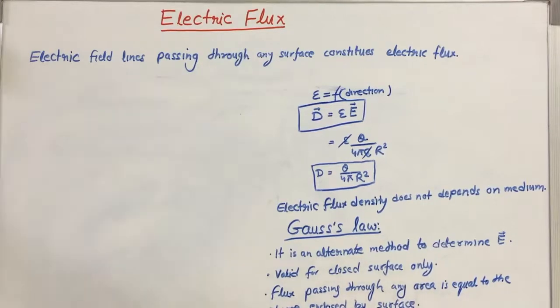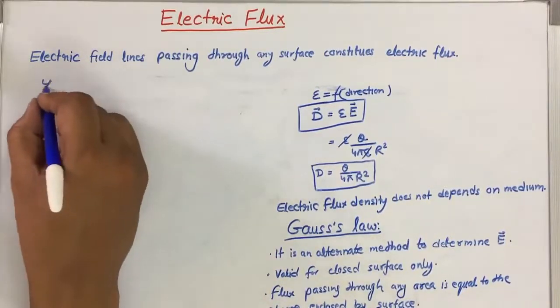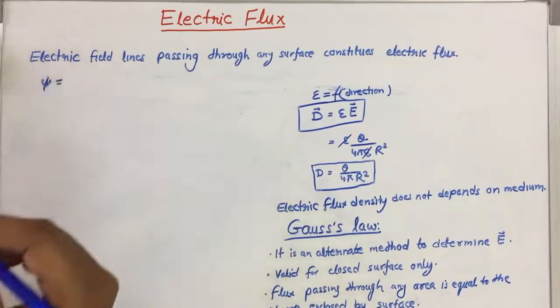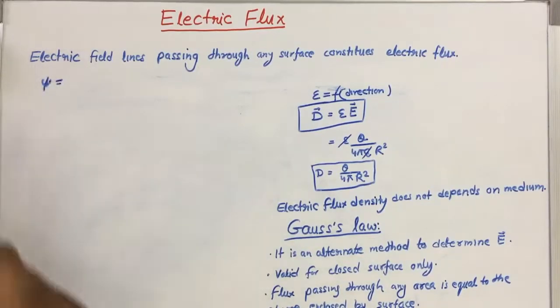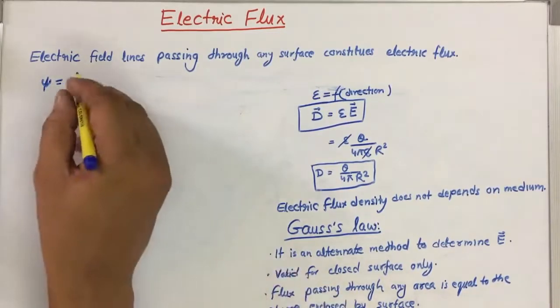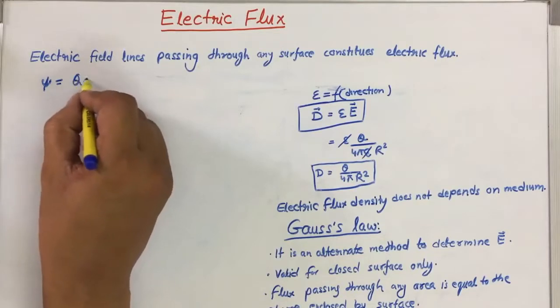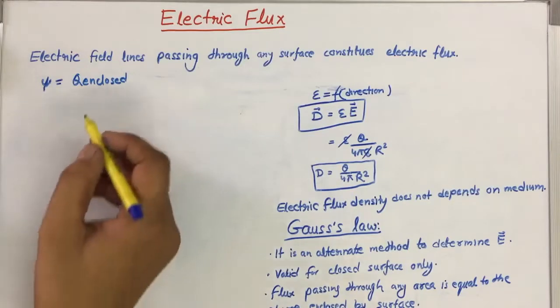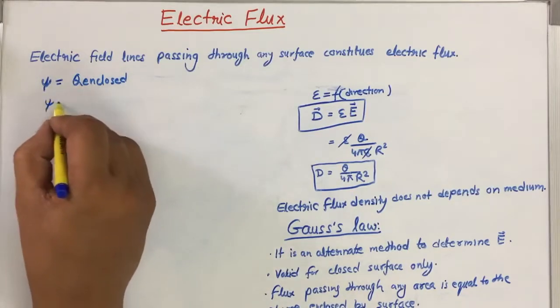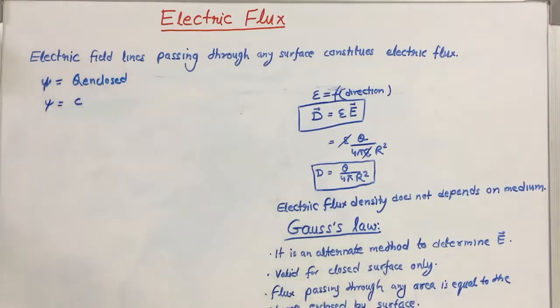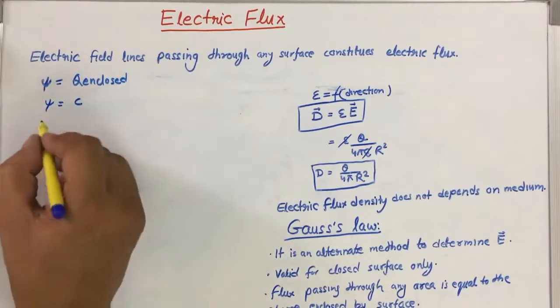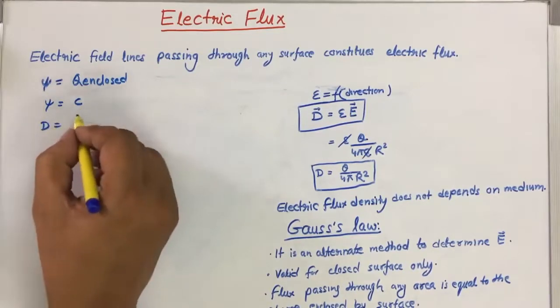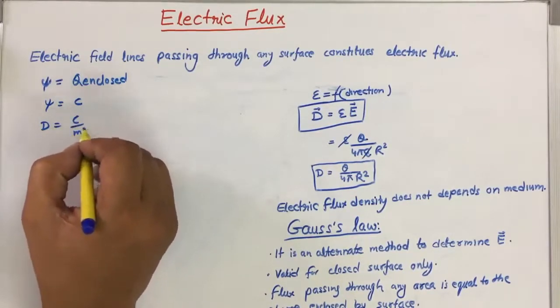So according to this definition, flux passing through any area is equal to the charge enclosed by the surface. And the unit of charge is coulomb, so the unit of flux is coulomb also. However, if we talk about density, then coulomb per meter square.